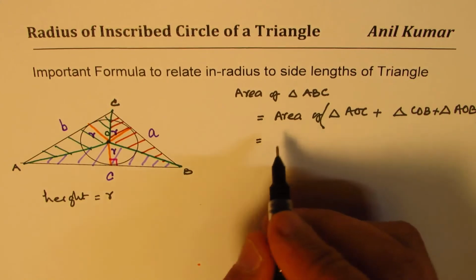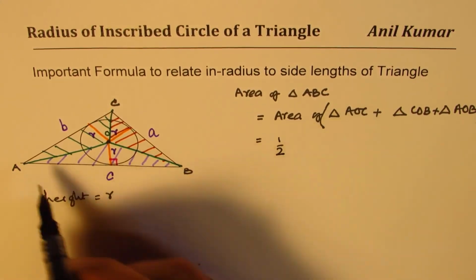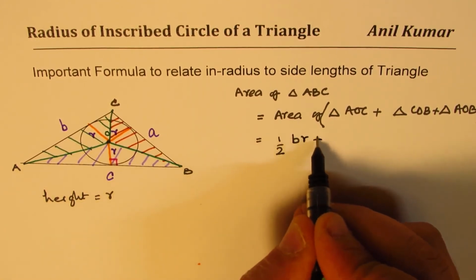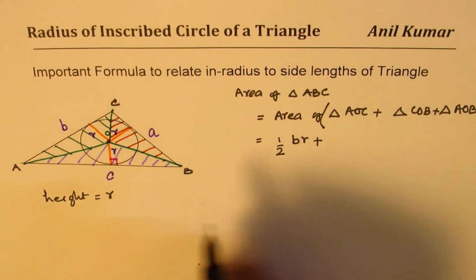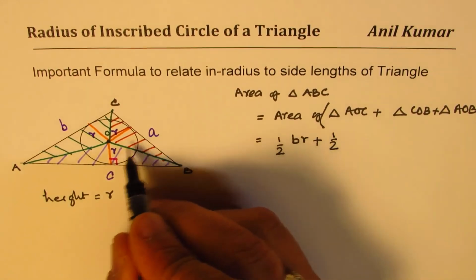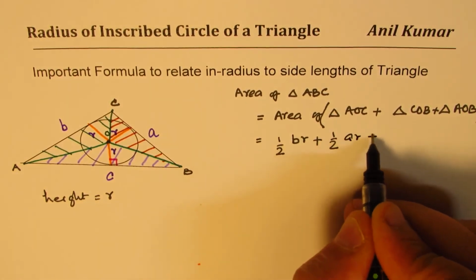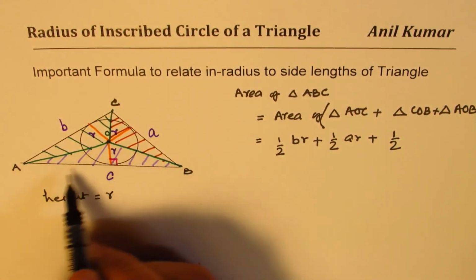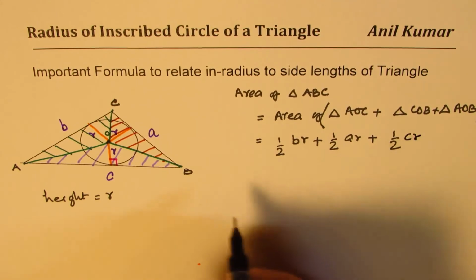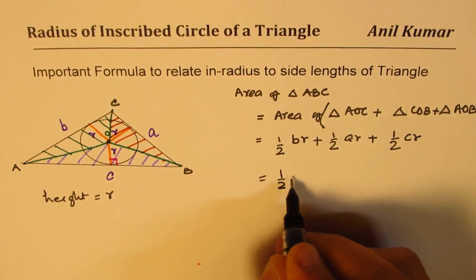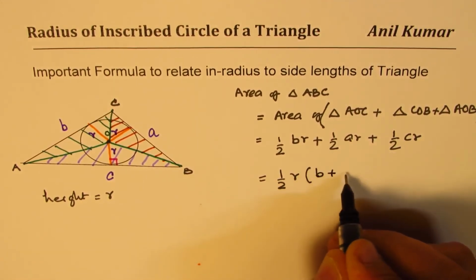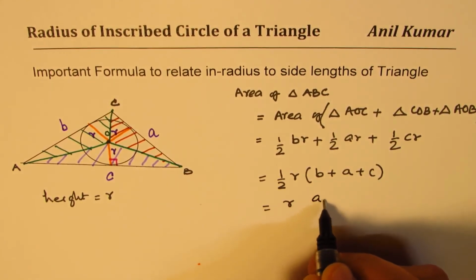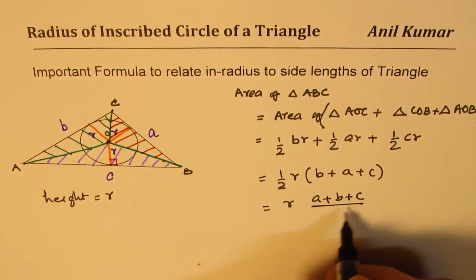So we can write down these areas as half of the area of triangle AOC will be B times R, plus COB will be half times A times R, plus the triangle AOB, it will be side C times R. So we can take half R common, we get B plus A plus C. Or we can say it is R times (A plus B plus C) divided by 2.